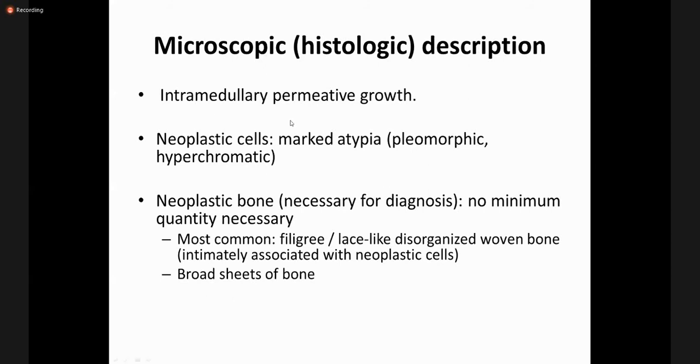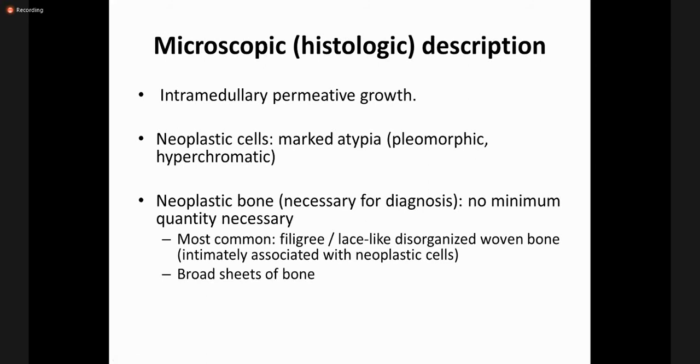there is intramedullary permeative growth, neoplastic cells exhibiting marked atypia, hyperchromatic pleomorphic nuclei. There is malignant bone formation, which is necessary for the diagnosis of osteosarcoma, and there is no minimum quantity of bone formation necessary.